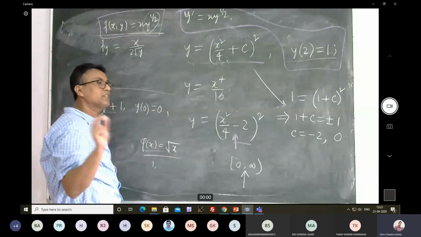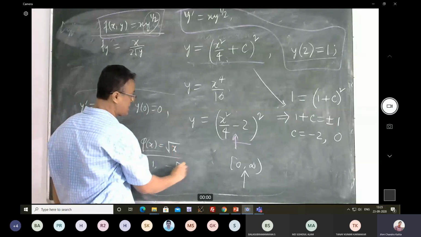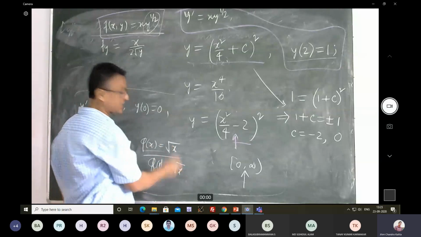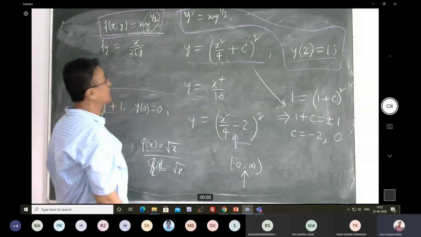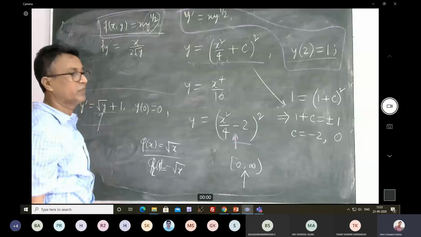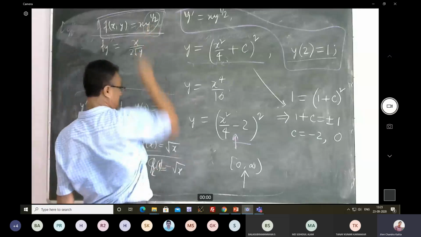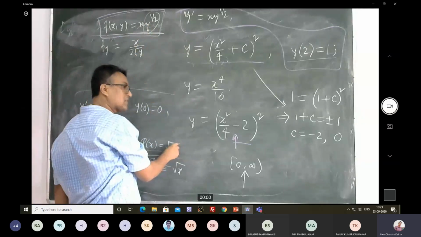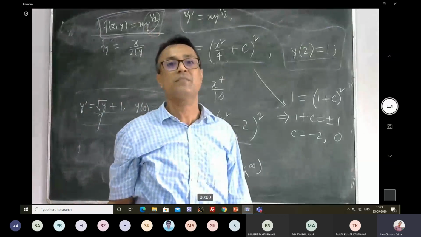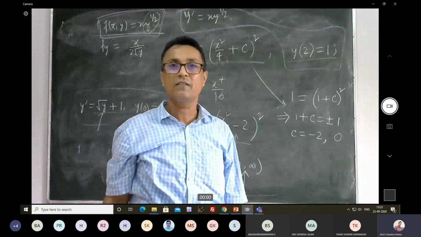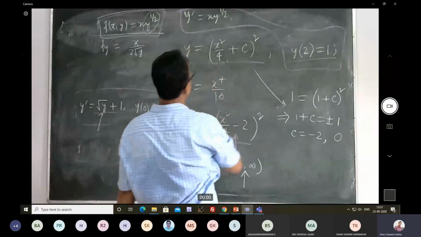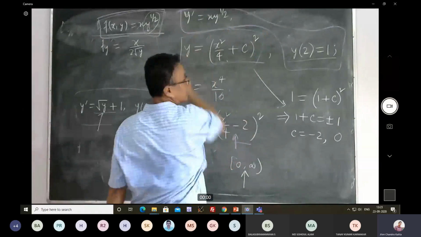If I want the negative square root of x, I simply define my function as phi 2 of x to be something like this. So if you want to define this as a function, you must be under the convention that here I consider only the positive square root of y.